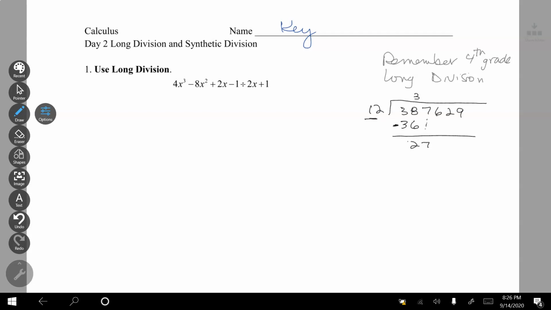And you said, how many times does 12 go into 27? You said 2. Put the 2 above here. 24. You subtracted. You got 3 and you brought down the 6.